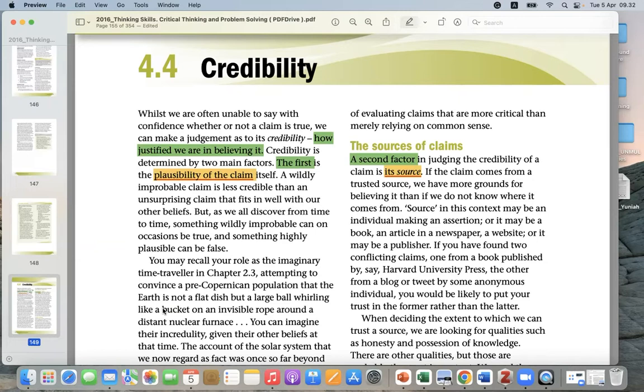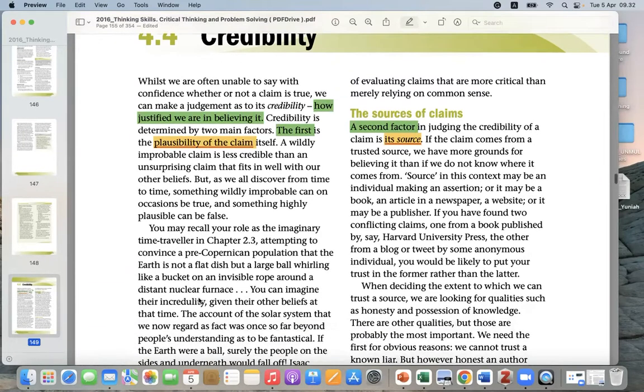When you get the two, then your claim can be called credible. Credible means believable. Someone can guarantee that your claim is really a good claim or a right claim, and so on.